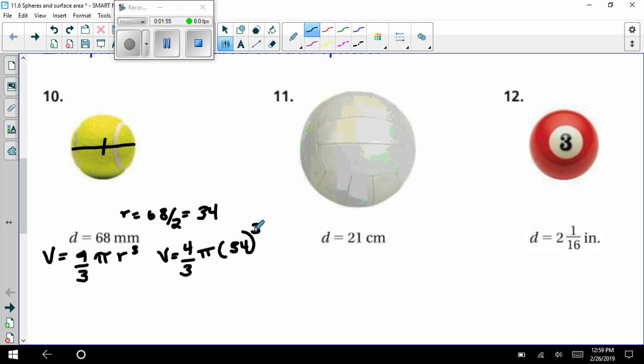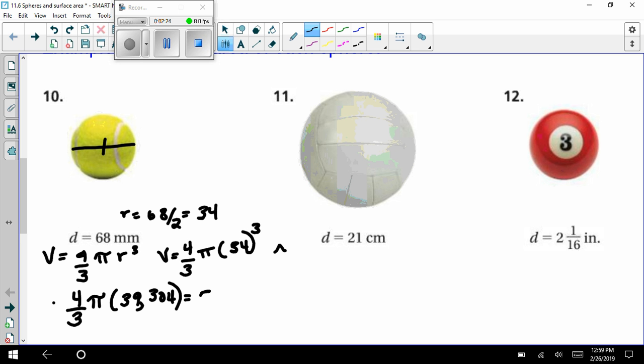All right, if we plug that into our calculator, remember to get that cubed, you might have to use the caret and then the 3. 34 cubed is a really large number. I've got 39,304. I multiply that by 4 and divide by 3. I'm planning on keeping the pi in my answers.